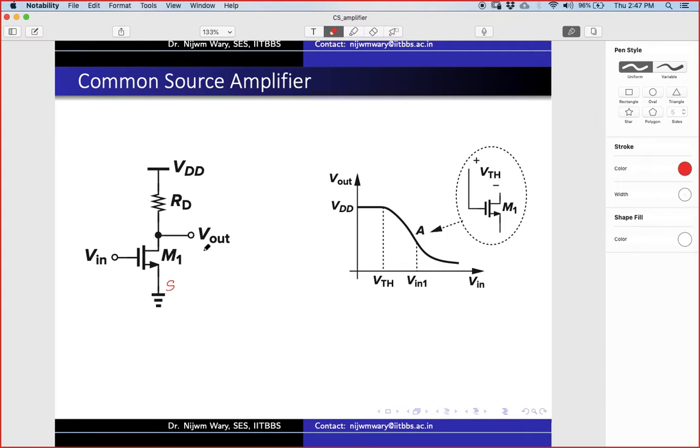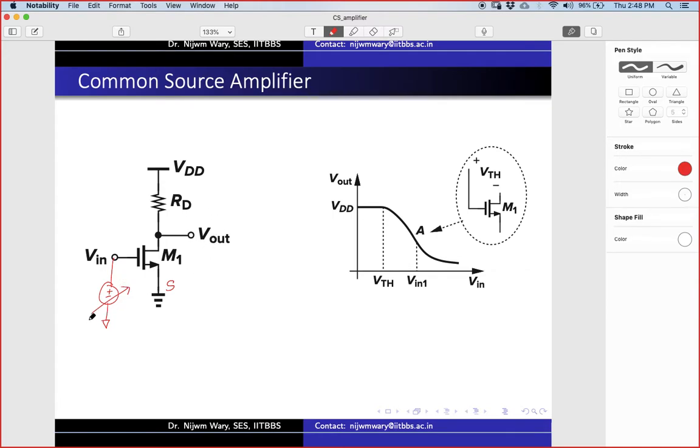Now, if we try to see the input output characteristics, this curve is called the input output characteristics. If I slowly increase the input voltage, let's consider only the DC here, we are just applying a DC voltage and slowly increasing this potential, and trying to see how the output varies.